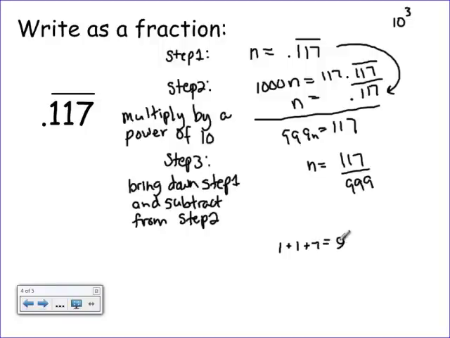Since 9 goes into the sum, 9 must go into 117. So 9 goes into 117 13 times, and 9 goes into 999 111 times. And if you check yourself, 13 divided by 111 does indeed give you 0.117 repeating.